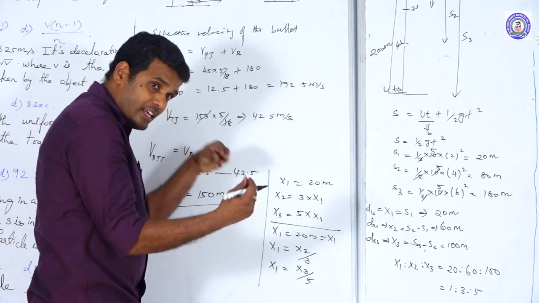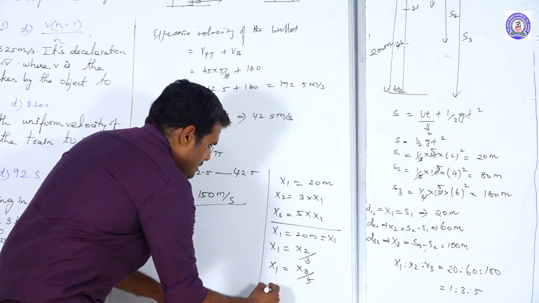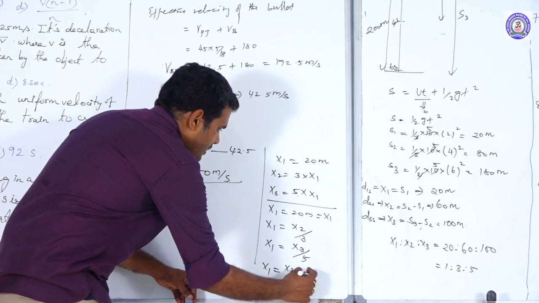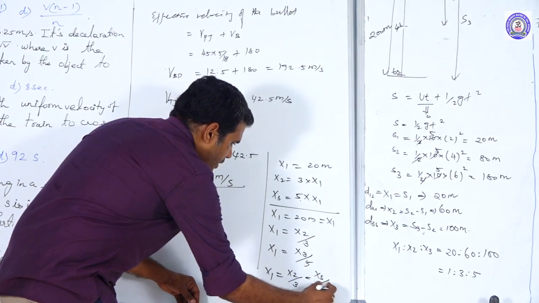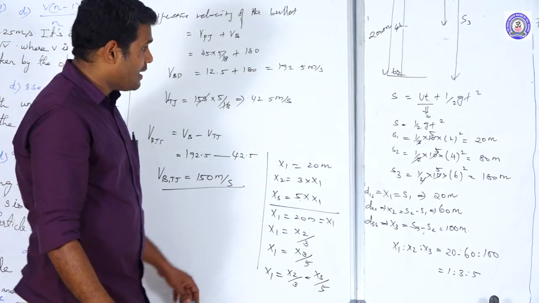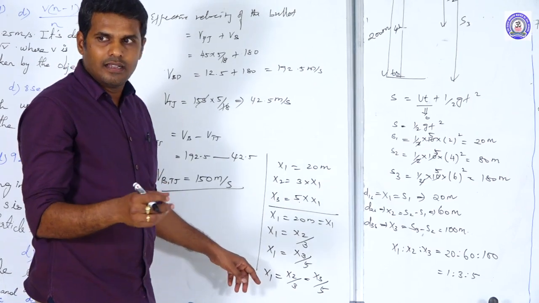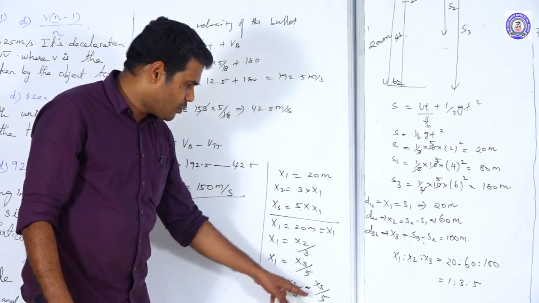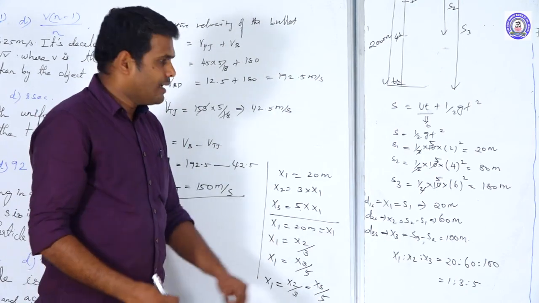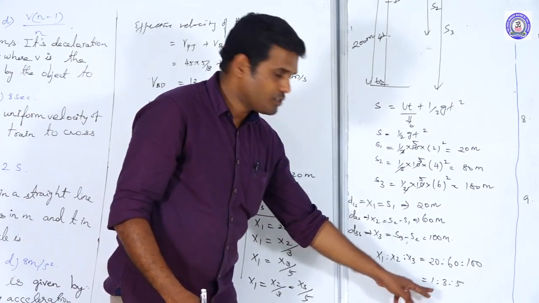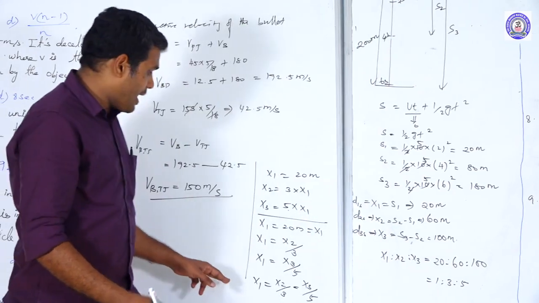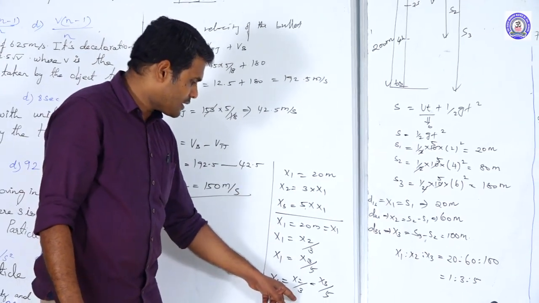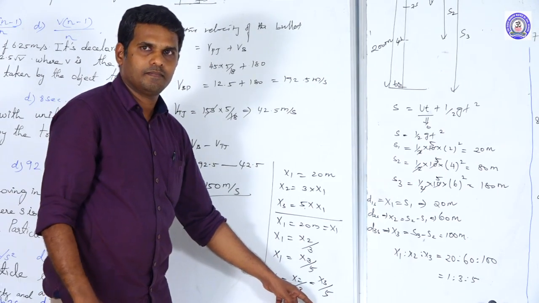So I can equate all these three as x1 equals x2 by 3 equals x3 divided by 5. So I can relate all three distances travelled in the successive 2 seconds this way. Here I am taking the ratio: the ratio is 1 is to 3 is to 5. If you are asked to equate these distances travelled, then x1 equals x2 by 3 equals x3 divided by 5.